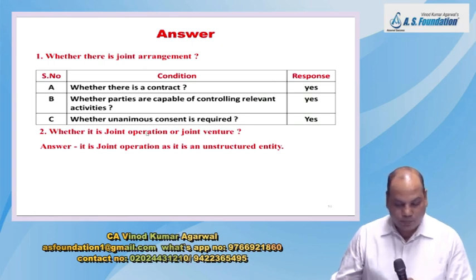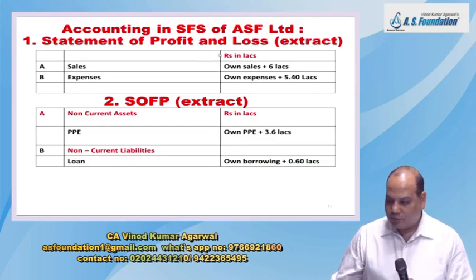So in the statement of profit and loss, sales I will record. Of course, I will record my own sale, whose amount is not given, plus our share in the sale of the joint operation.